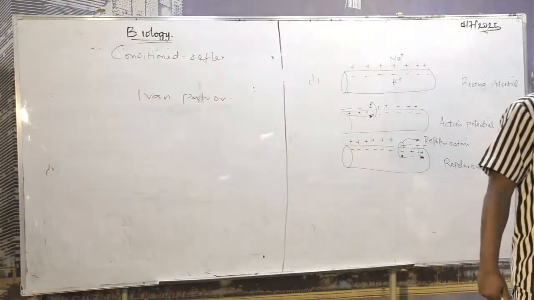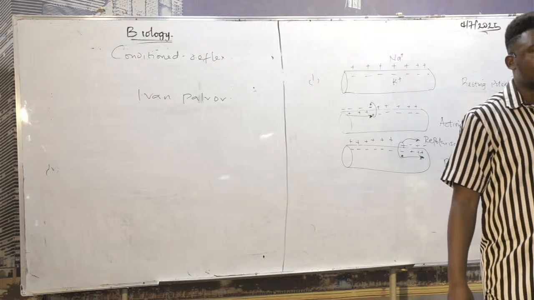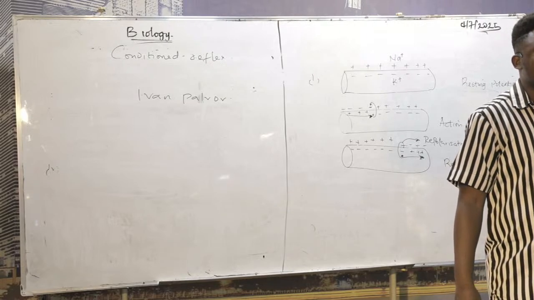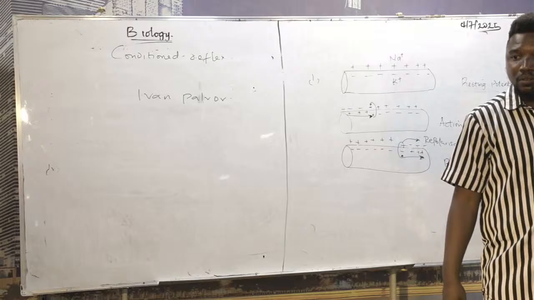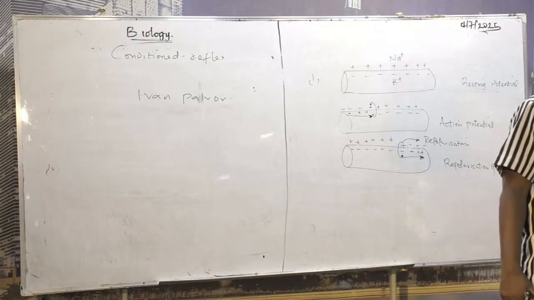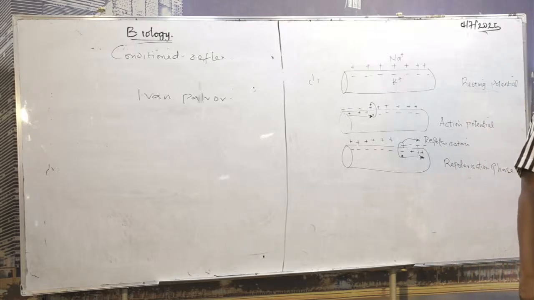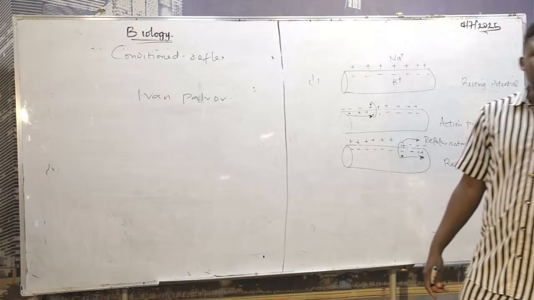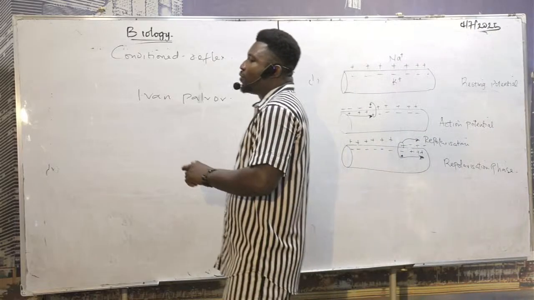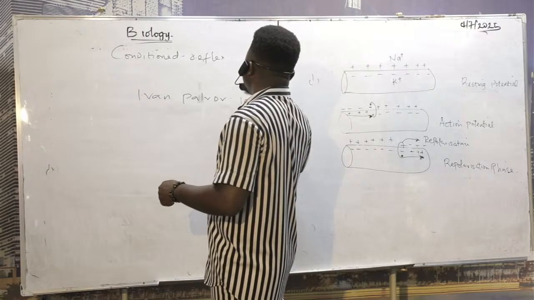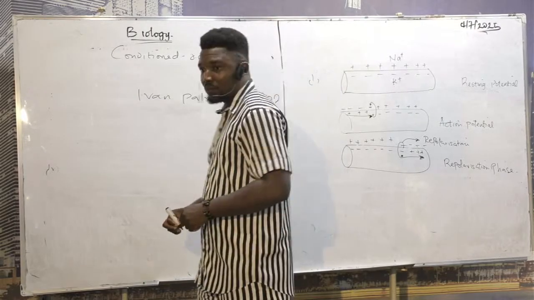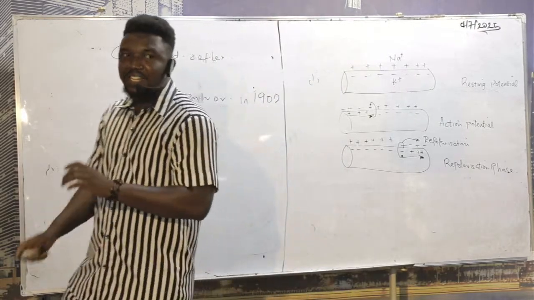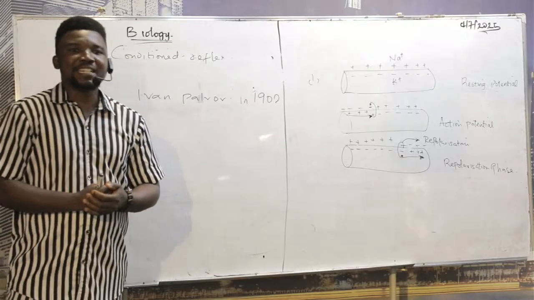The scientific name of dog is Canis domestica or Canis familiaris. But let's forget about that part. Ivan Pavlov was able to do this experiment in 1902. In 1902, he experimented using dogs.